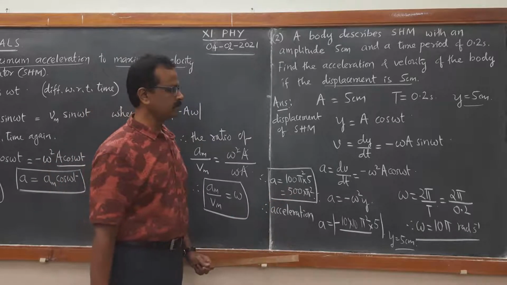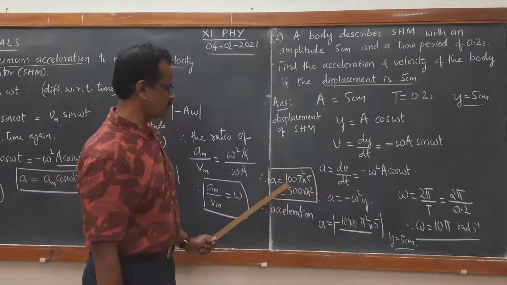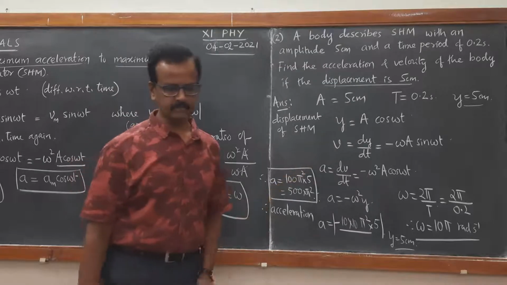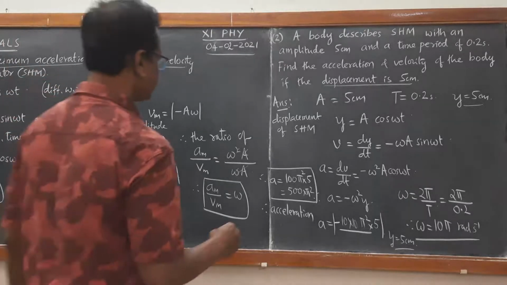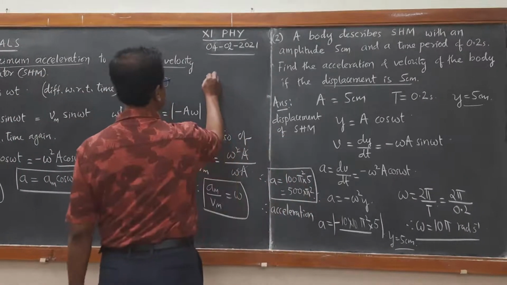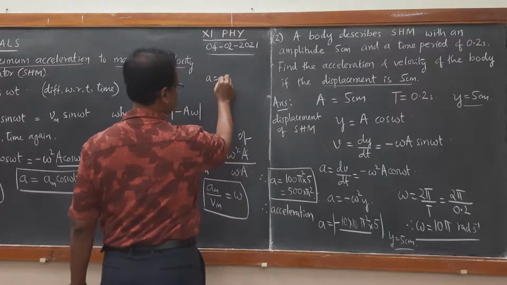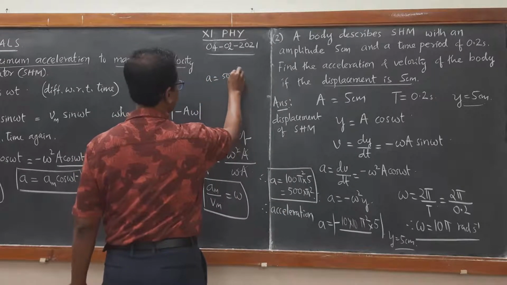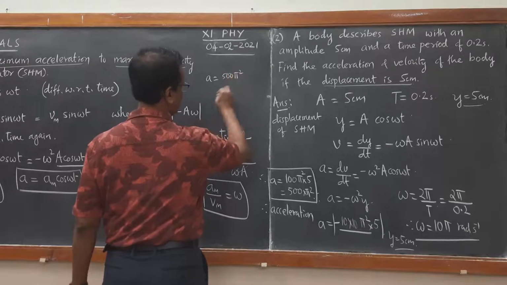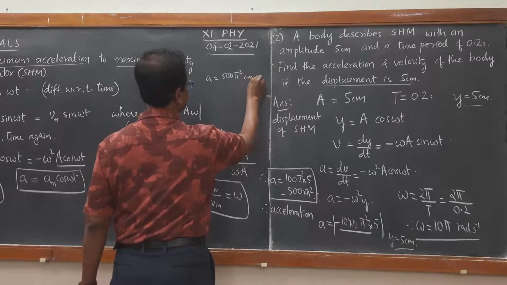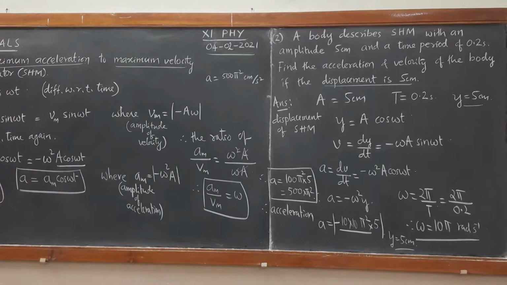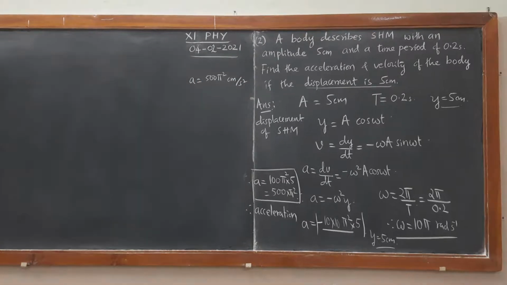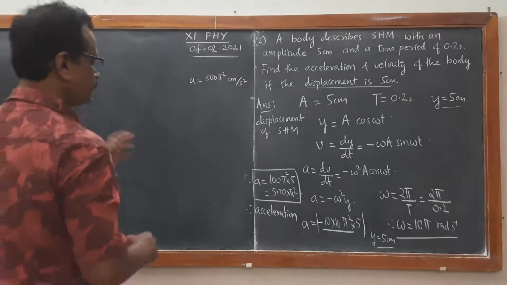Now we can calculate velocity. Here I write acceleration is equal to 500 pi square centimeter per second square. Finally, we can calculate this in SI units. Now the next part is to find out velocity.